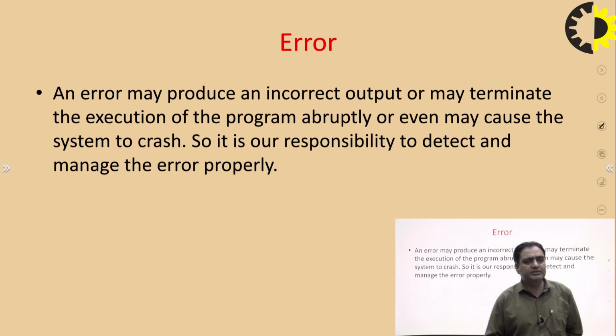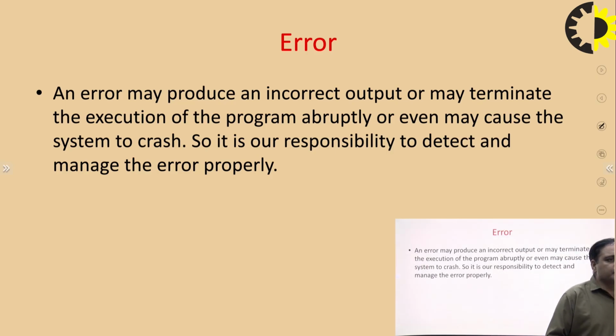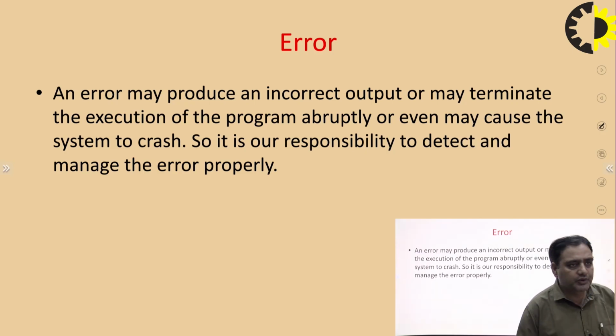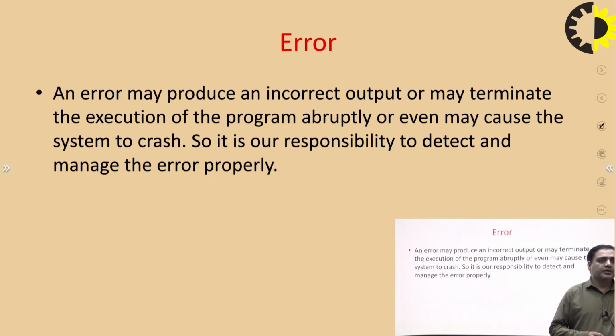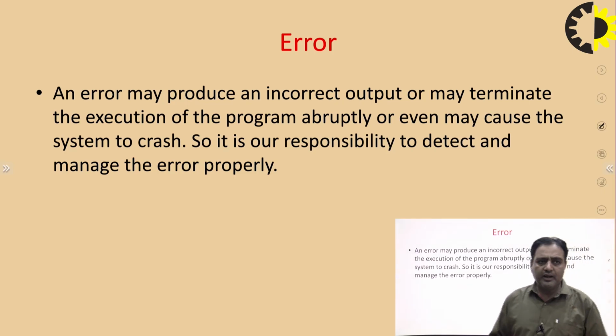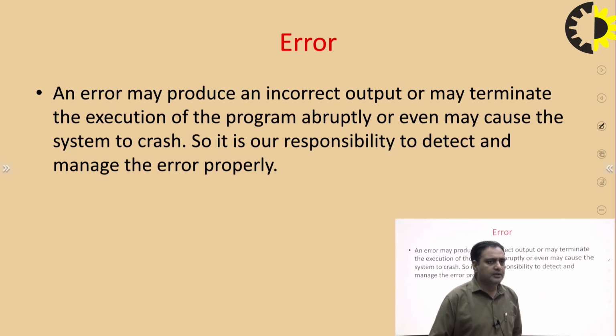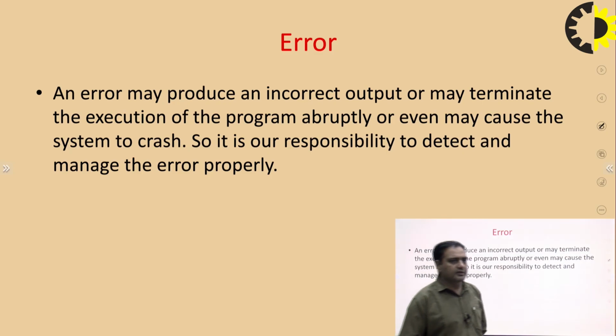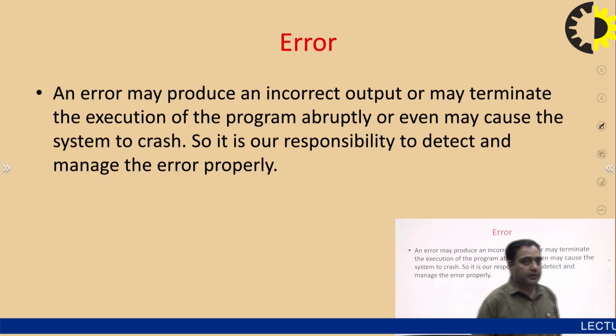Errors. What is the meaning of errors? Error may produce an incorrect output, or may terminate the execution of the program abruptly, or even may cause the system to crash. So it is our responsibility to detect and manage the error properly. If you have an error in a program, then you could not find the desired result which you want to get.